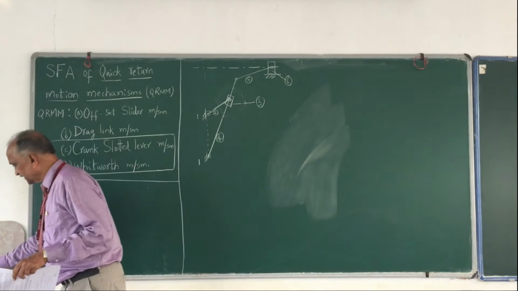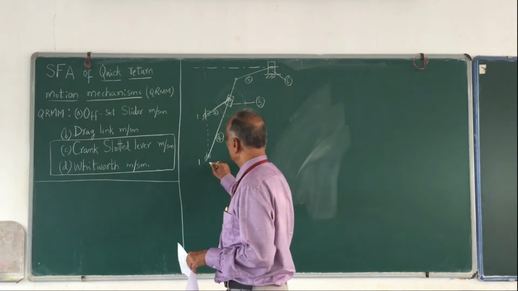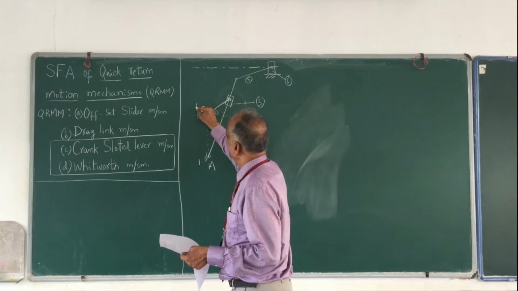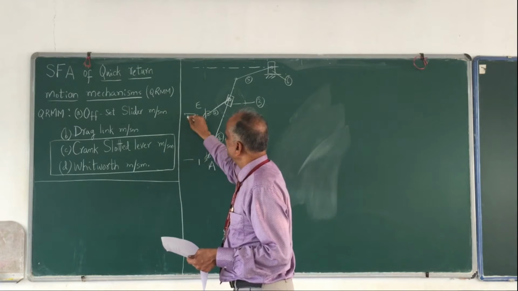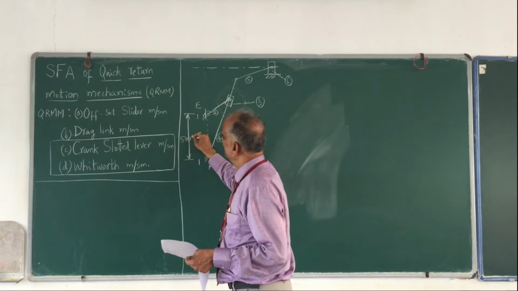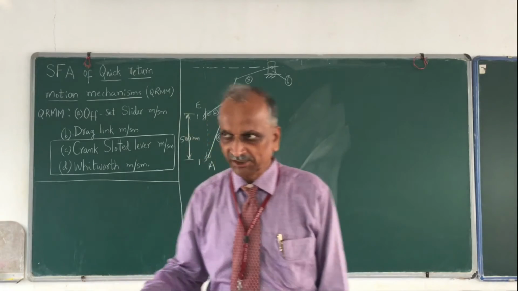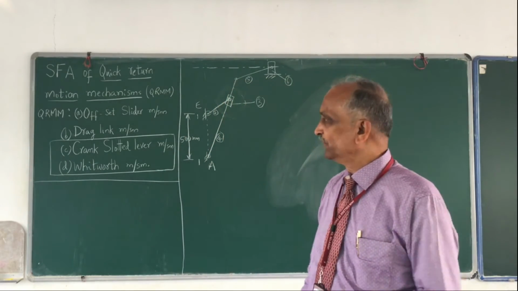So a little later I shall also give you the dimensions. Say it is something like this. Say A, and this is called E, and the distance between A and E is given as 500 mm. So I shall be skipping the first step, which is drawing the given mechanism to scale, what is called the configuration diagram.